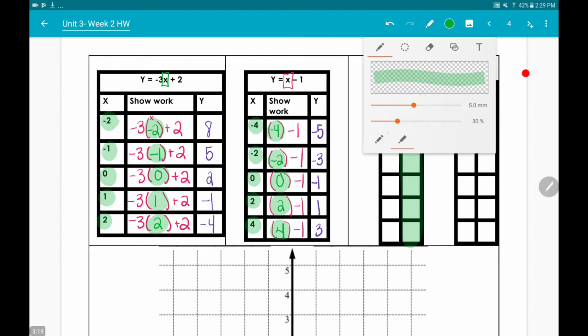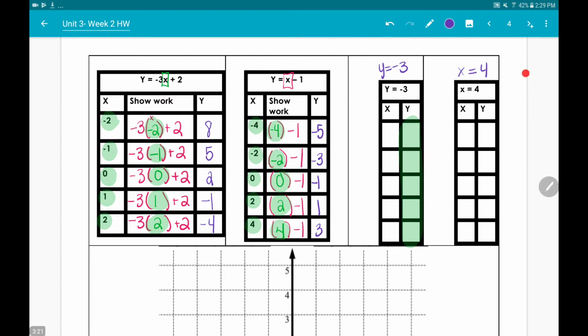So my equation is y equals -3. So that means for all of the x values, no matter what the x values are, they're going to be -3. So I can just choose random x values, or I can just choose x values that are on my graph. So let's say I wanted my x values to be the same as the last example. It would look like this.